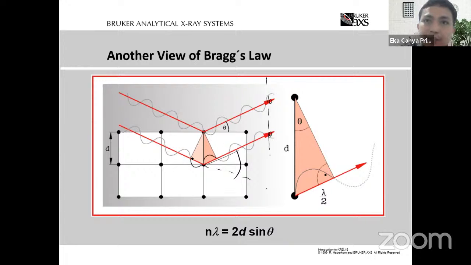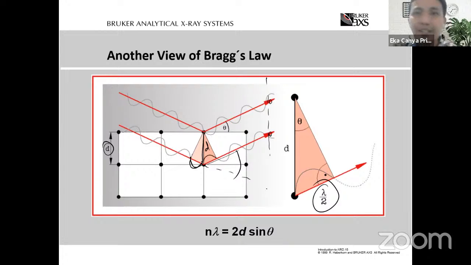The relation, look here, is a half wave, right? And this refers to D, the distance between two atoms. So X-ray, by the way, can be used to measure the distance between two atoms in the lattice.